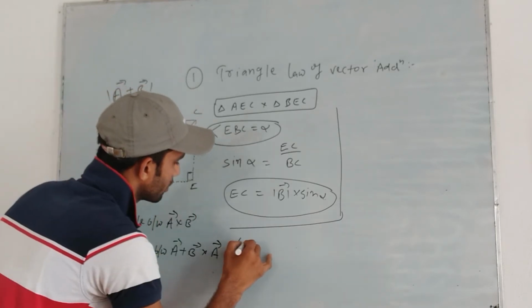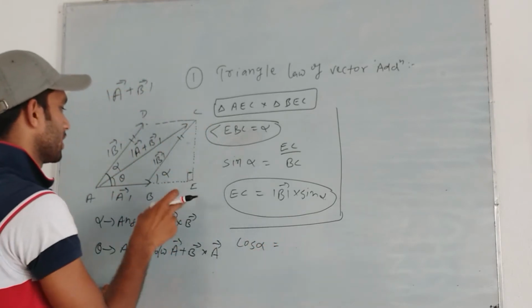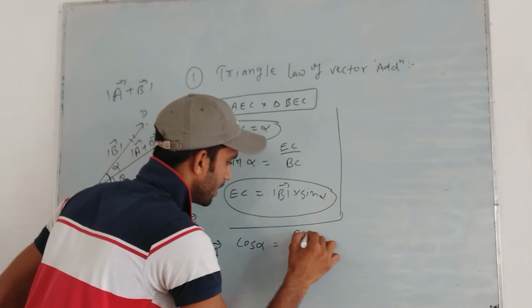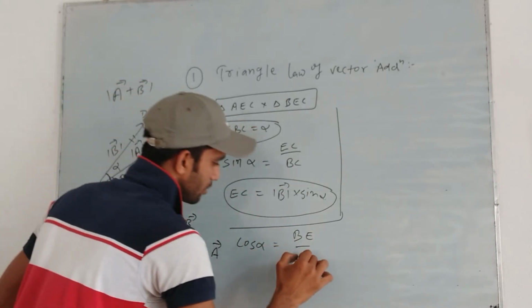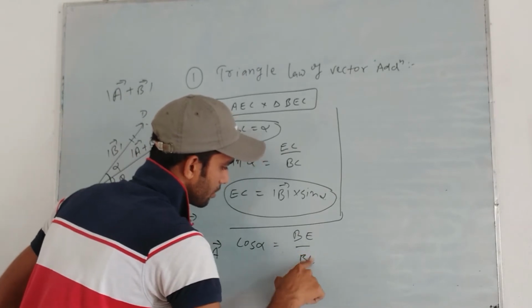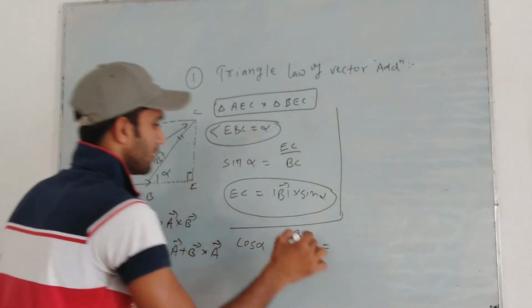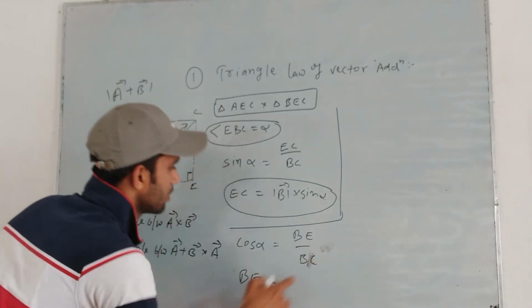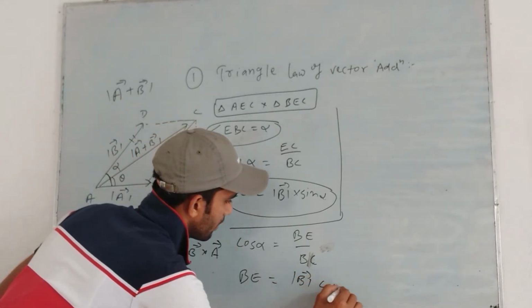If you will write cos alpha, then you will find BE. So cos alpha is equal to base upon hypotenuse. So in this triangle, BE is your base, so BE divided by hypotenuse. So BC is your hypotenuse, and this is BC. So you'll find BE from here. So BE is equal to, what is your BC? BC is B into cos alpha.